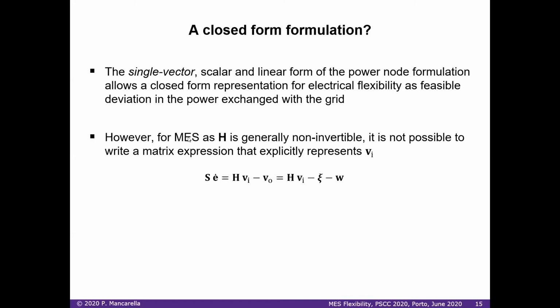When you have a multi-energy system, however, you have a matrix formulation, and H, the fundamental matrix in the energy hub formulation that links the inputs and the outputs, is generally non-invertible.